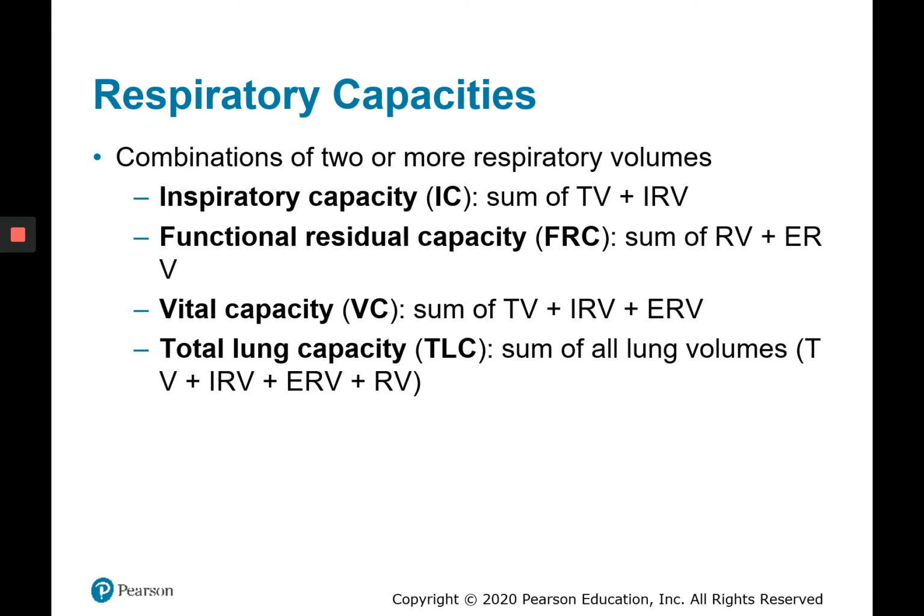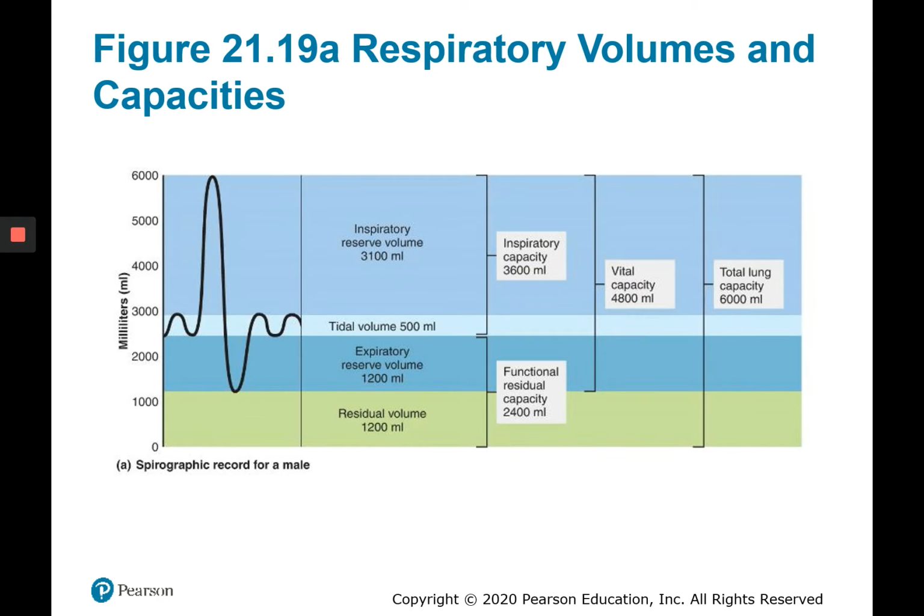If you combine two or more respiratory volumes, you get a respiratory capacity. Their equations are here, but it's much easier to look at them in a chart. With this chart, I can tell that in order to calculate inspiratory capacity, I would need to add IRV and TV together because the bracket is going to be around both inspiratory reserve volume and tidal volume.